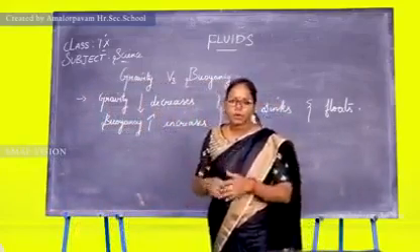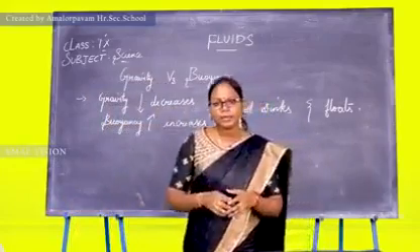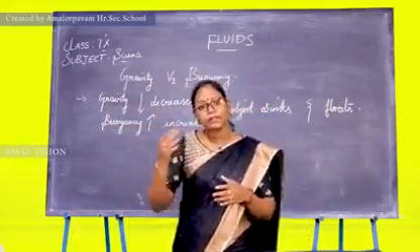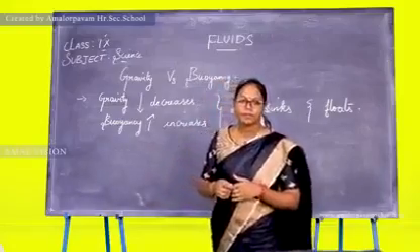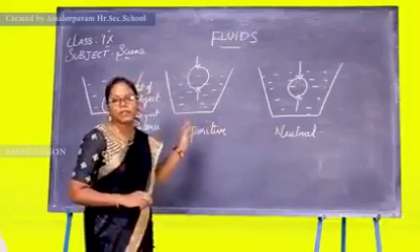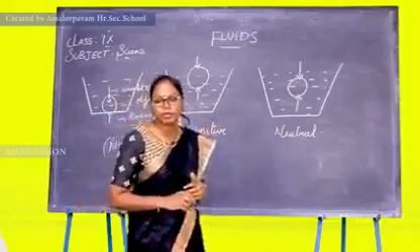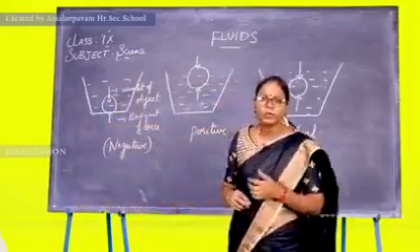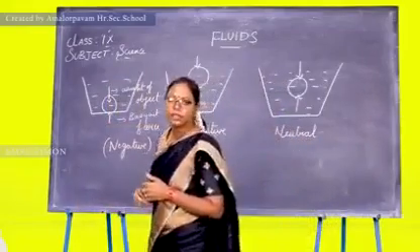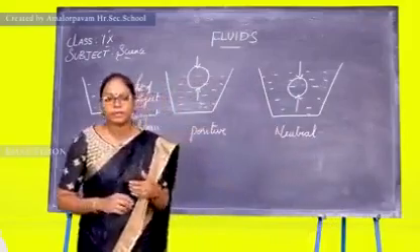If the displaced water, the buoyancy, is greater than the weight, the object floats. From this you can understand the concept of buoyancy: it can be negative buoyancy, positive buoyancy and neutral buoyancy.